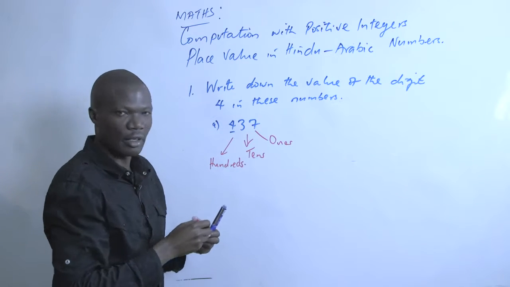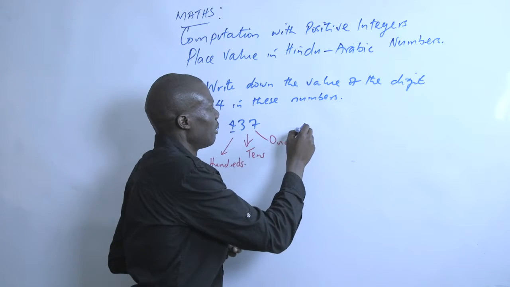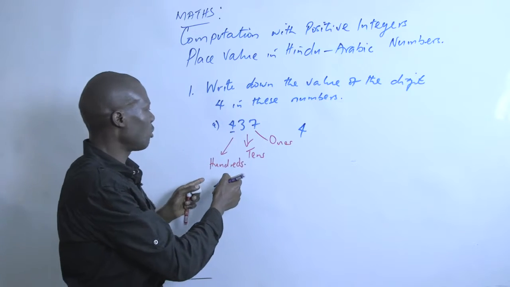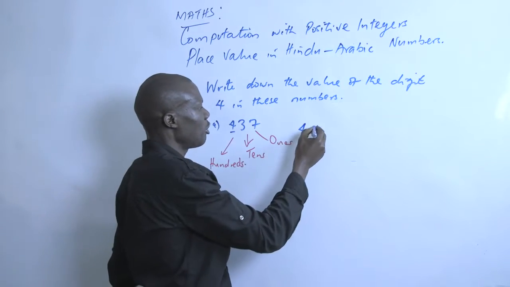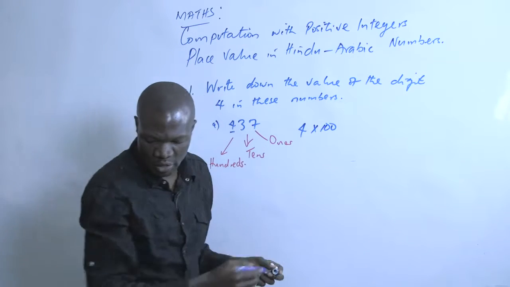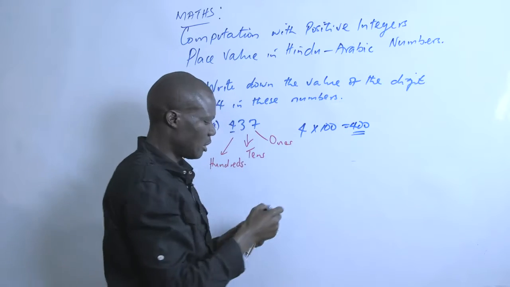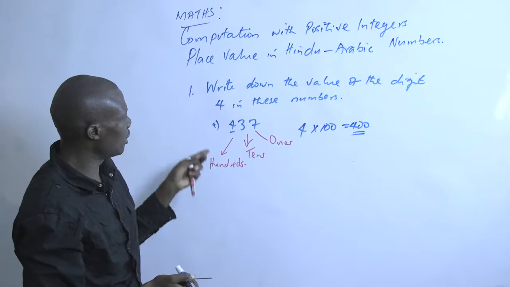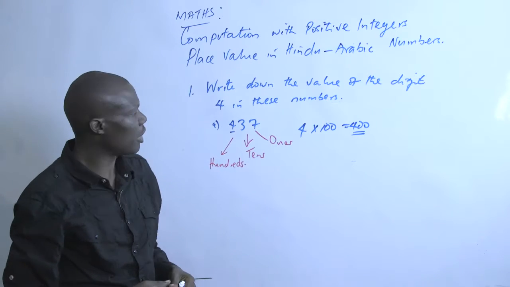Therefore, you'll notice that 4 is in the position of 100. Therefore, the value of the digit 4 is 4 times 100, which is 400.